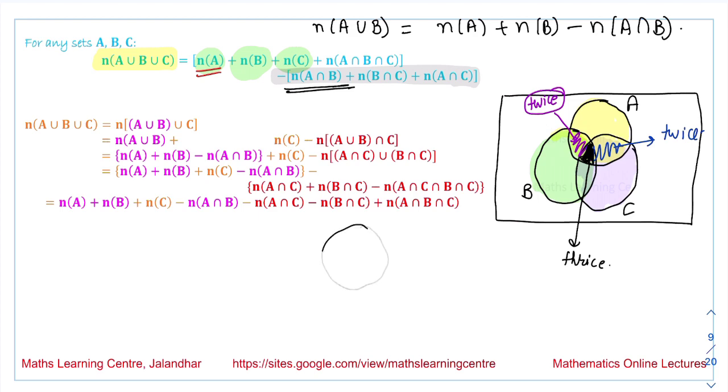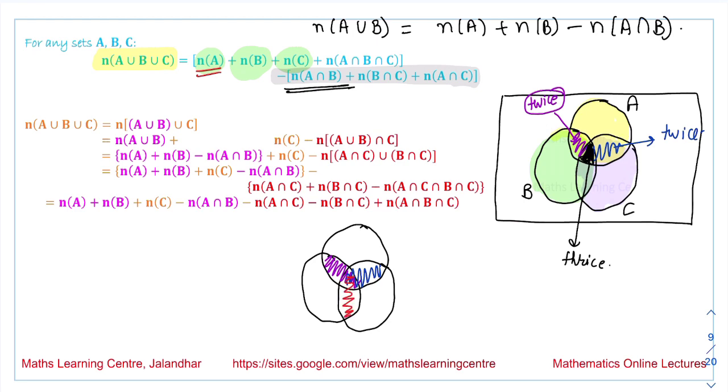We are saying this is A, this is B, and this is C. These portions are covered twice and thrice. So we are going to subtract this portion, this portion, and this portion.